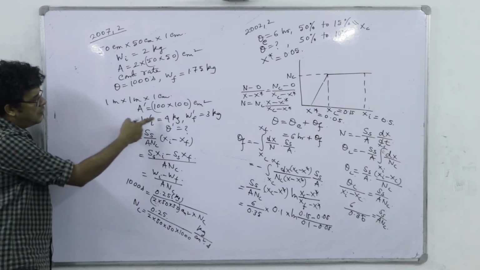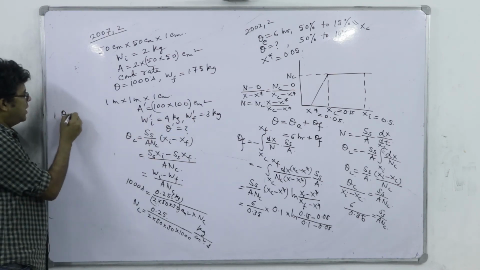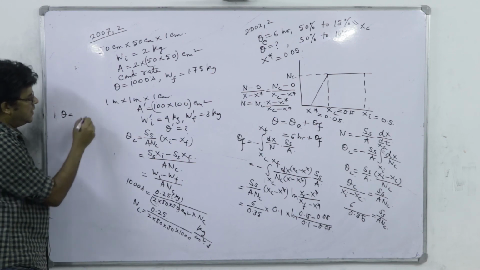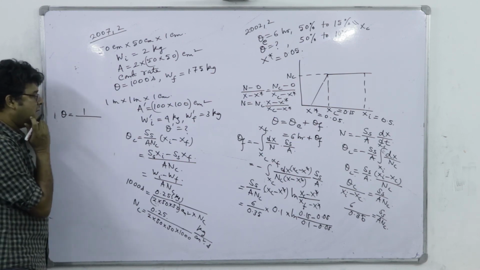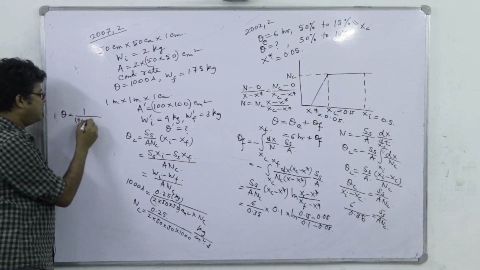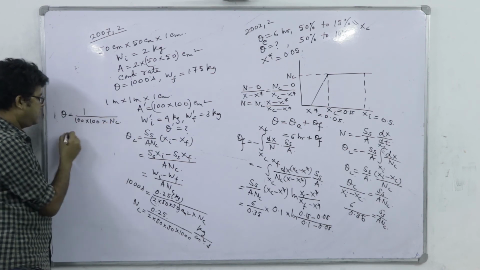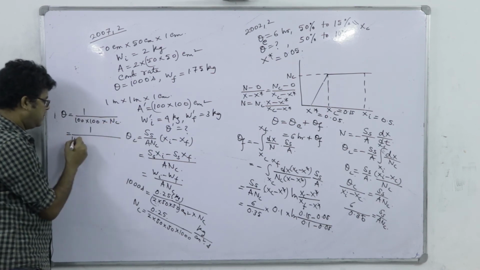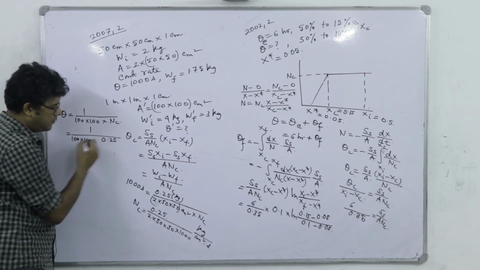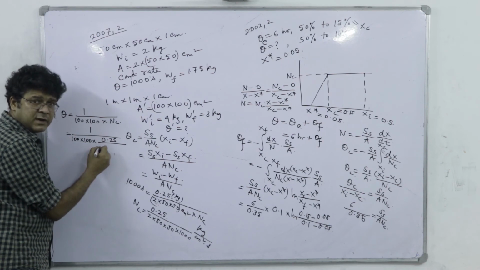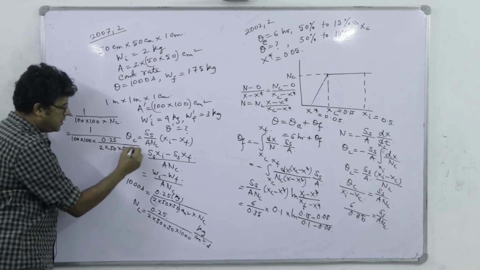So next we have to go for 4 kg to 3 kg reduction. So theta is 4 kg to 3 kg, 1, then denominator will be A is 100 into 100 into NC. Now this gives you 100 into 100 into 0.25 divided by 2 into 50 into 50 into 1000.